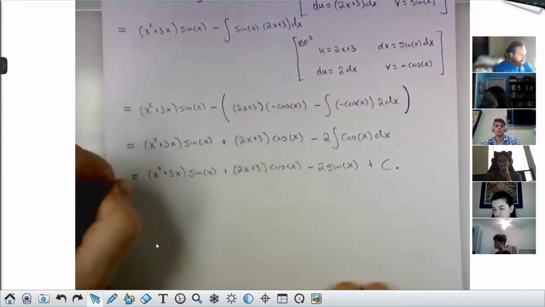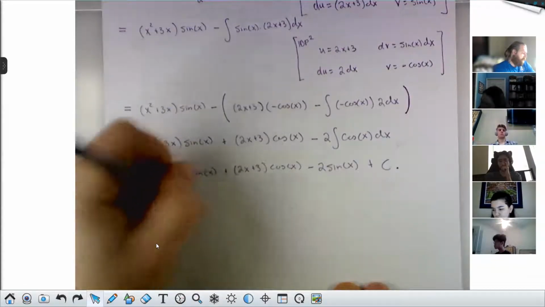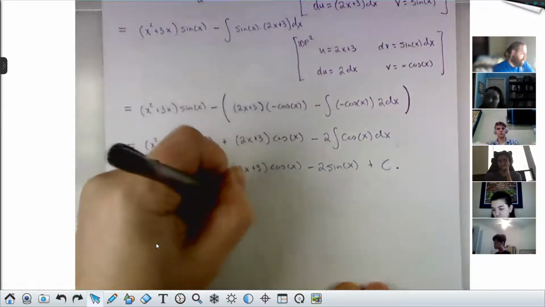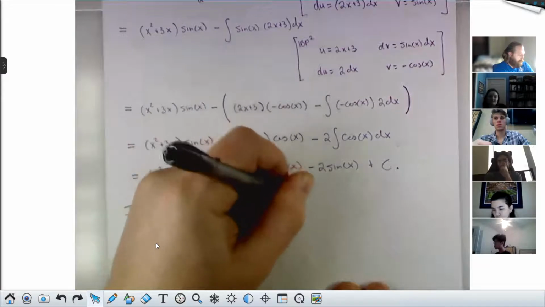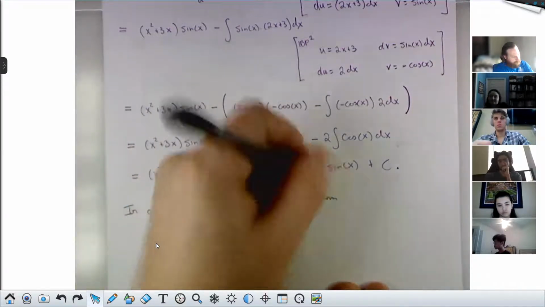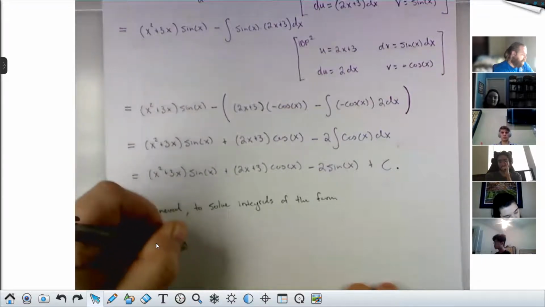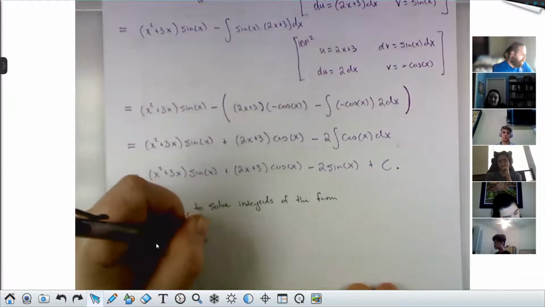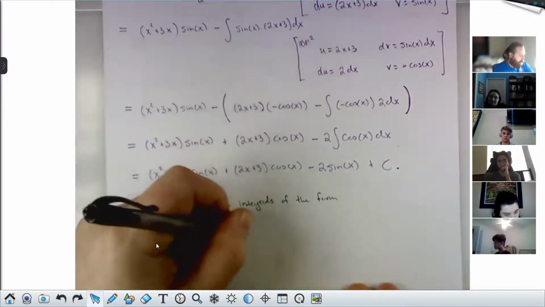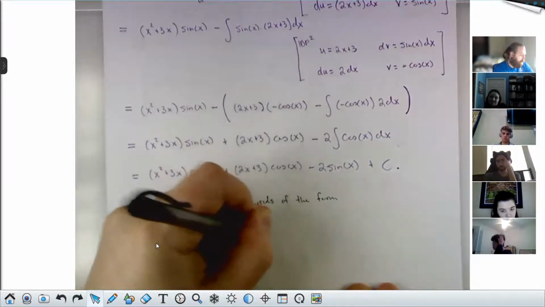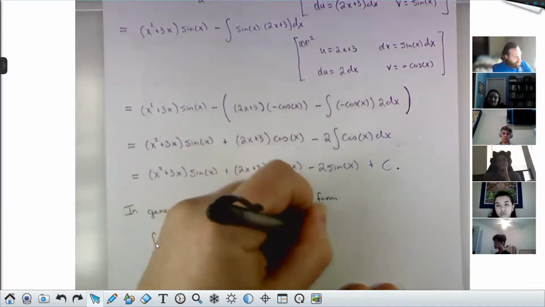In general, to solve integrals of the form integral of a polynomial times a sine function or a cosine function or an exponential, right?